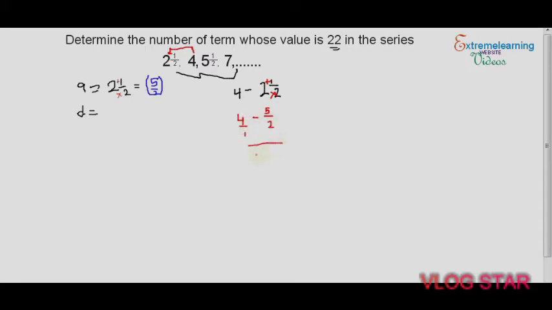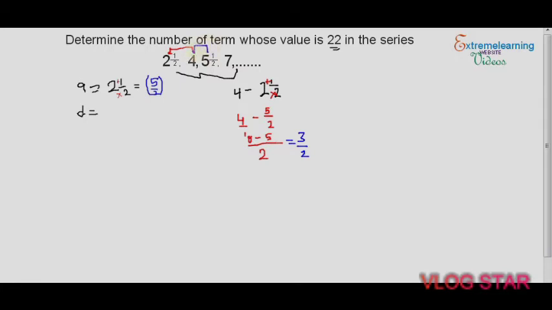So this is just like 4 over 1. Find the LCM, which is 2. 2 divided by 1 is 2, 2 times 4 is 8, minus 2 into 2 is 1, 1 times 5 is still 5. So from here we have 8 minus 5, which is 3 all over 2. So this is what we have as a common difference, but we don't know if it's common yet until we do the other ones.